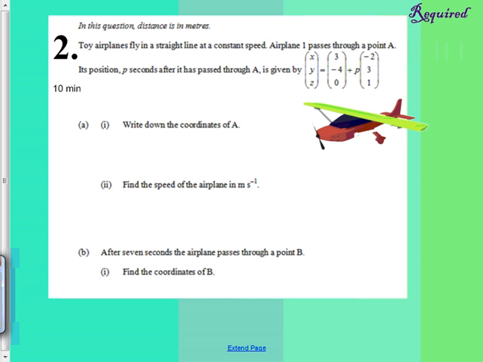Here we go. Number 1, or part A, the coordinates of A. It was just saying it in a way that could possibly confuse you, but A is just the point it started at. That's all they're saying. It passes through point A. Well, this passes through this. And P seconds later, after it has passed through A, well, that would be this part.